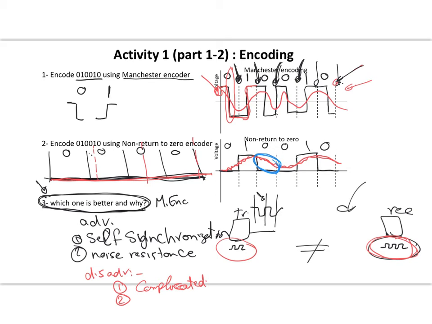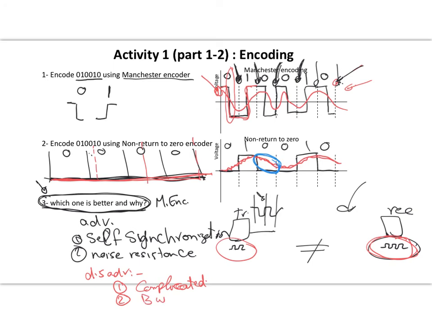For non-return to zero, if you have a straight zero signal, the frequency of that signal is zero, so it's very low. Whereas if you have straight zeros for the Manchester encoding, you have to have a square signal that looks like this, and this signal has higher frequency components. Higher frequency requirements for the signal, in fact, increase the bandwidth requirements of the signal.